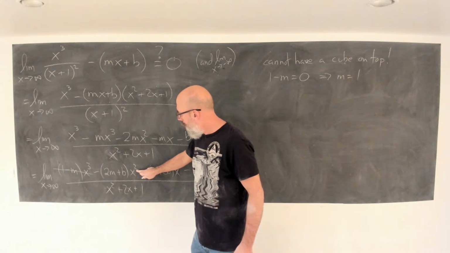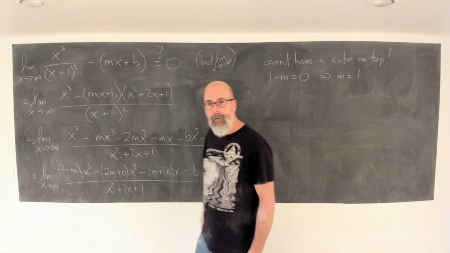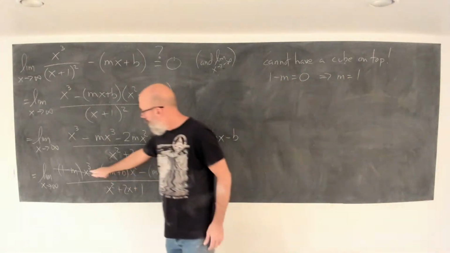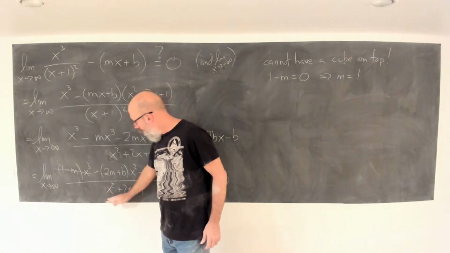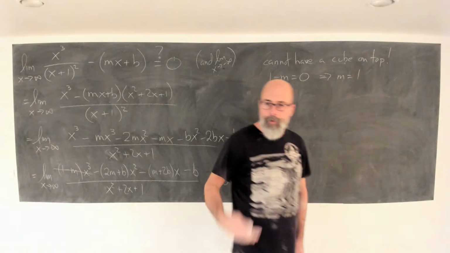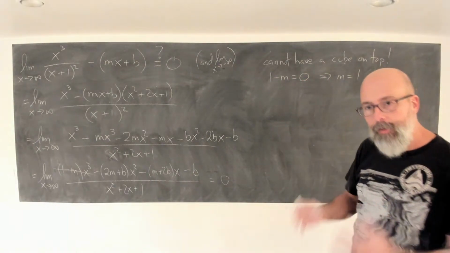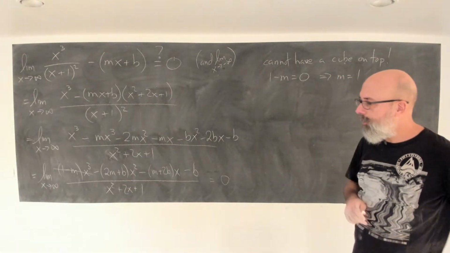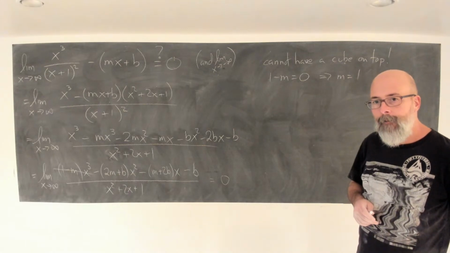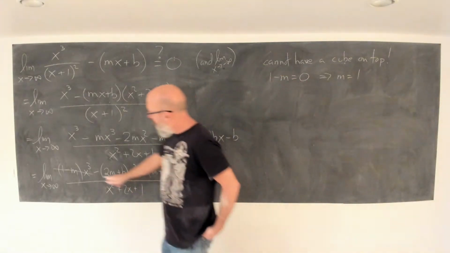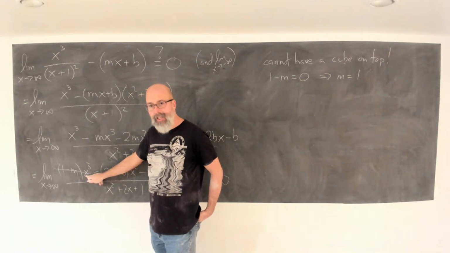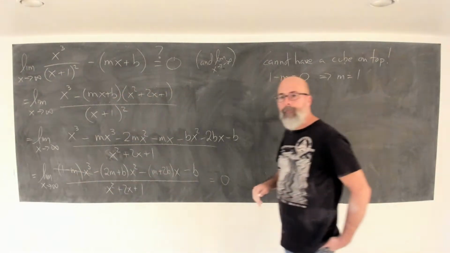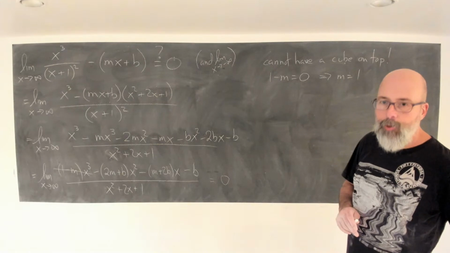But if you have a cube on top, you have infinity over infinity, differentiate once, twice, and the denominator is gone. The second derivative of the denominator is just 2, whereas the derivative of x cubed, when you differentiate twice, you get 6x. And then the limit would have been infinity. So you're in trouble.